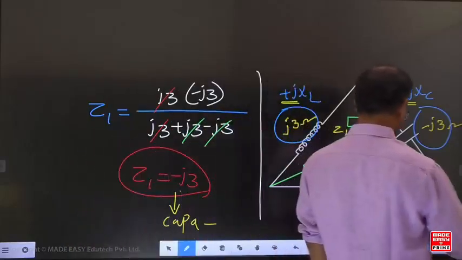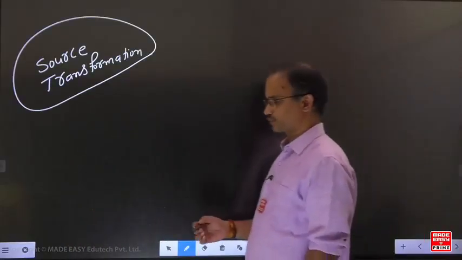Next put side heading: source transformation.